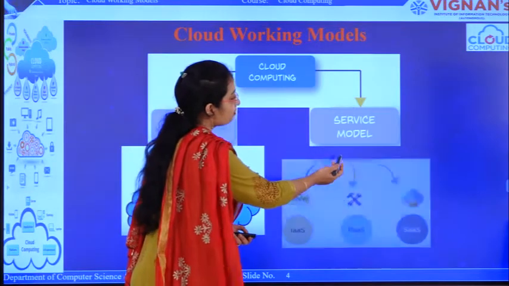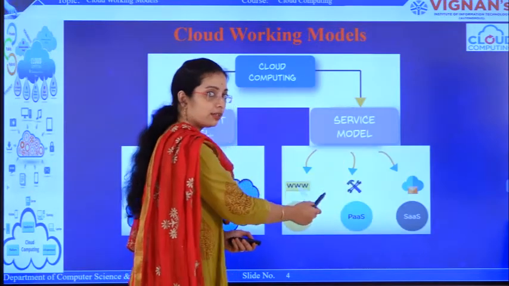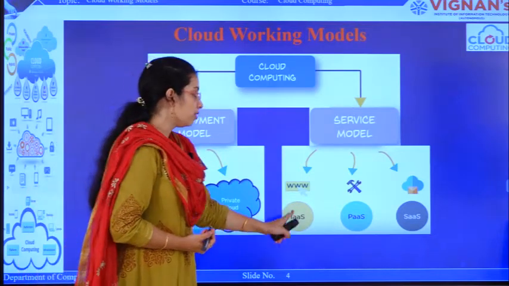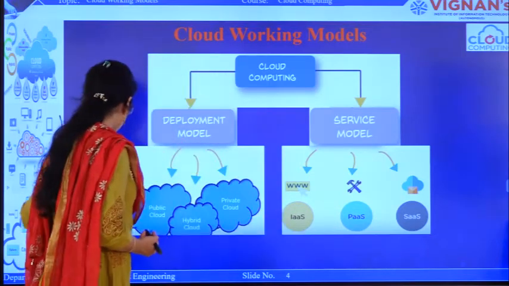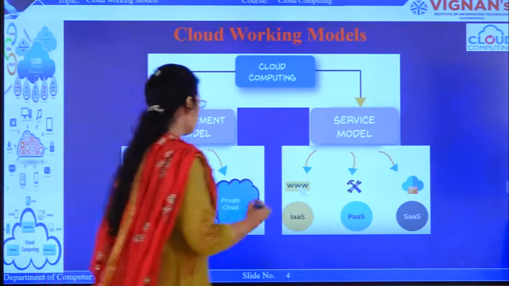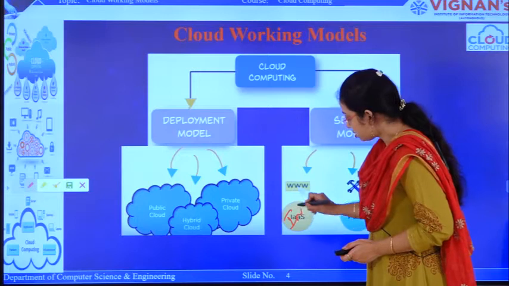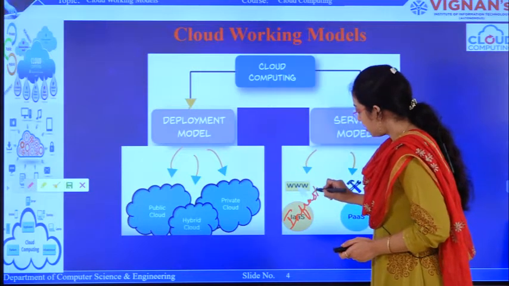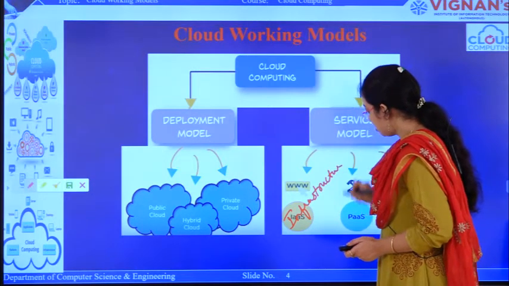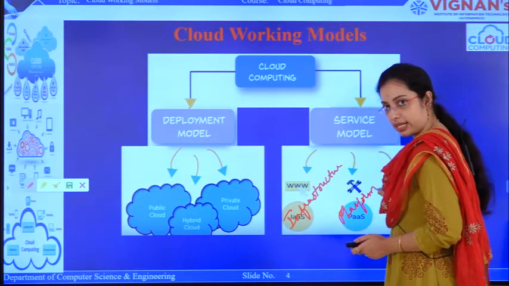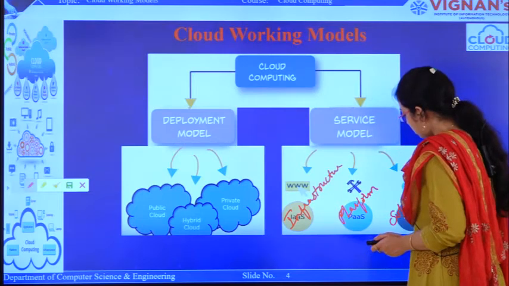Coming to the service models, the cloud provides its service to the user in the form of infrastructure, platform and software. IaaS is infrastructure as a service, PaaS is platform as a service and SaaS is software as a service.